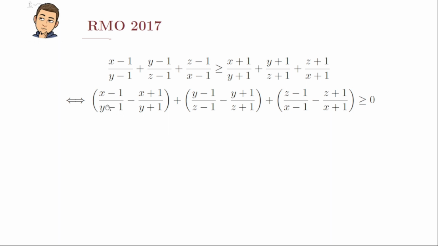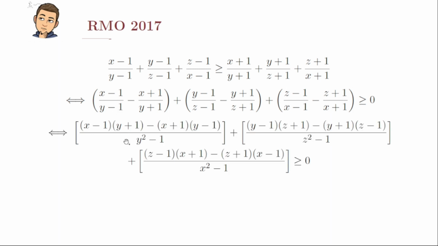We combine the denominators, so this one has y squared minus 1 as the denominator, and the numerator is easy to see here. This is just combining the 2 fractions for each group. If you simplify each numerator, you can easily see there is a cancellation. For example, x times y will be cancelled with minus x times y over here.